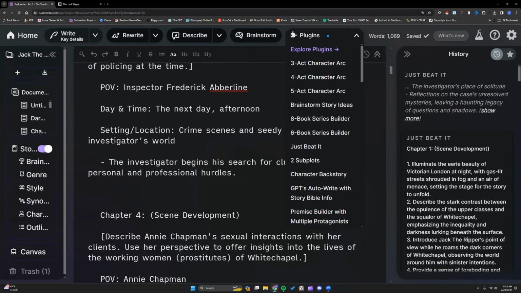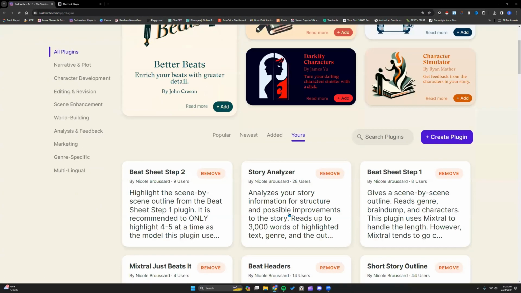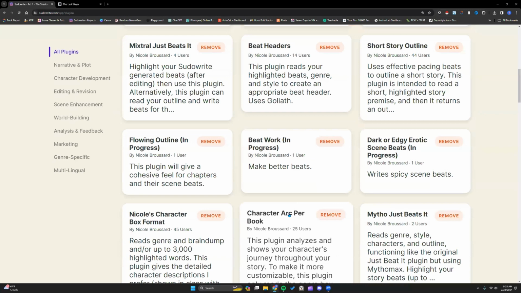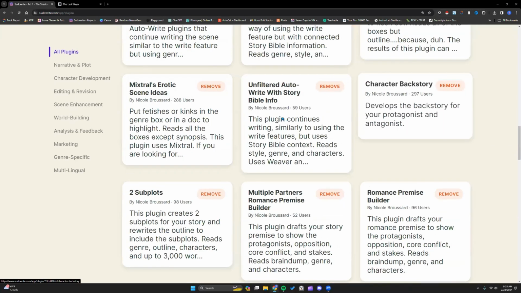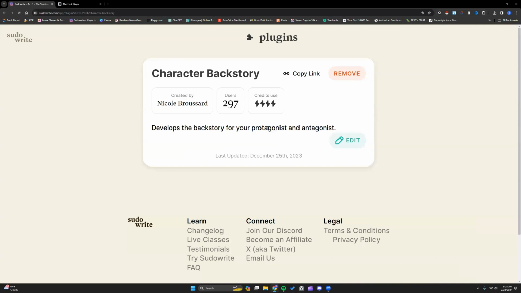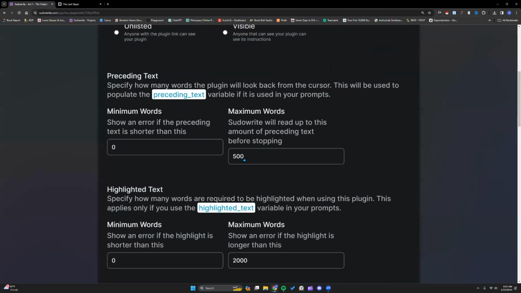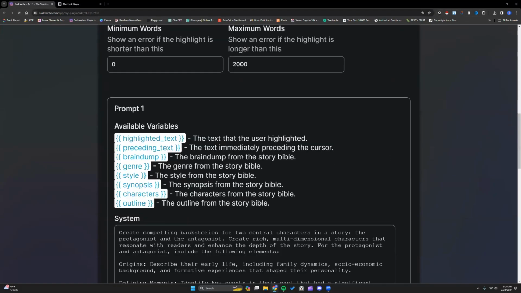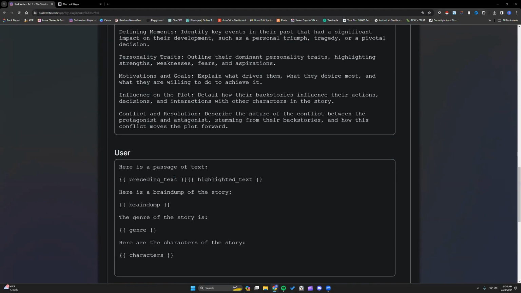Let's look at our character backstory, and I think we'll stick with Jack the Ripper on this one. Right, so it develops the backstory for your protagonist and antagonist. And sorry for lack of details on these, y'all. I will get that taken care of. So it's reading the brain dump, genre, and characters.